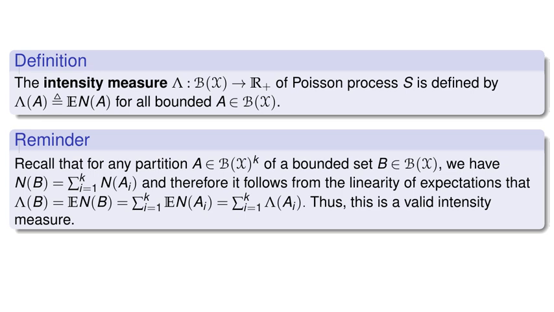Therefore, it follows from the linearity of expectation that lambda of B, which is expectation N of B, equals the sum from i equals 1 to k of expectation N of Ai, which in turn equals the sum from i equals 1 to k of lambda of Ai. This confirms that lambda, defined as the mean of the counts, is indeed a valid intensity measure that is additive over disjoint sets.